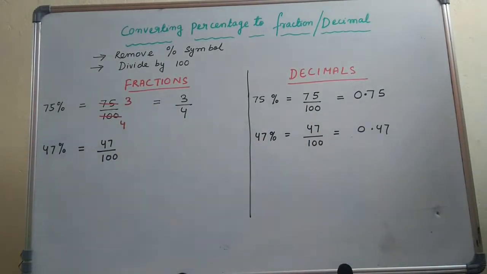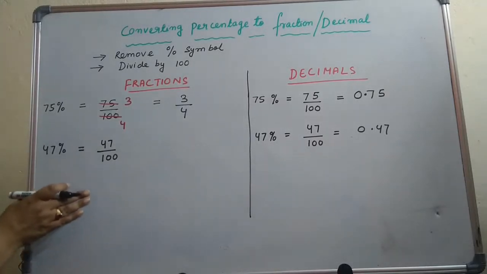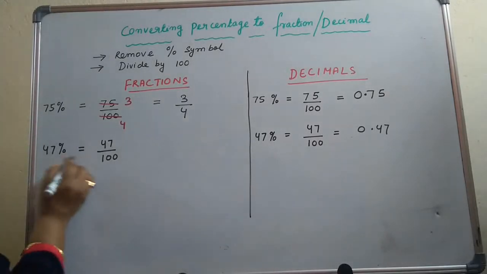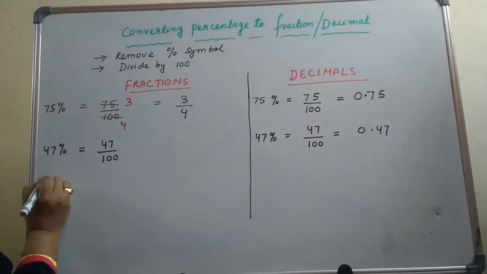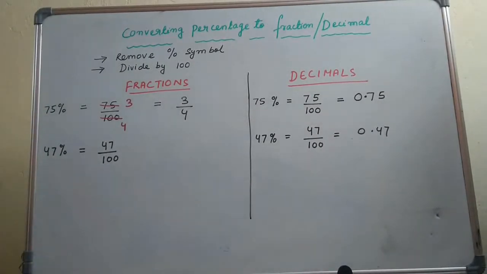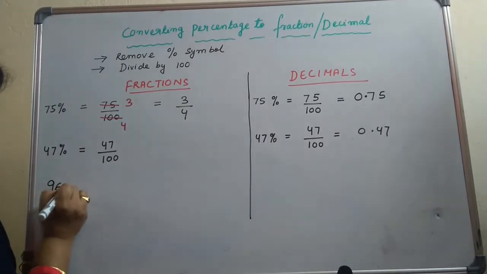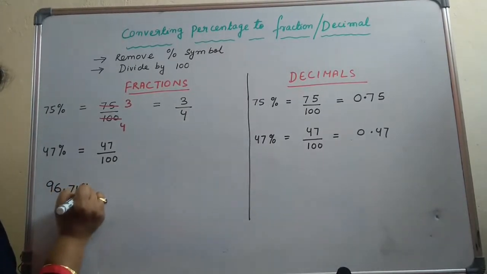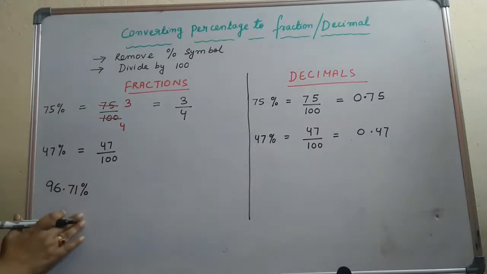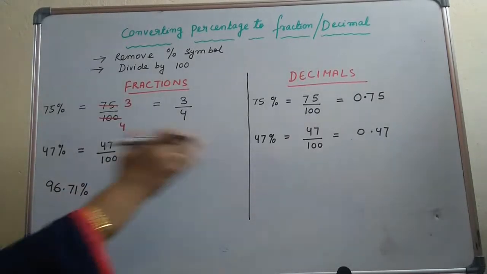Now let me take a decimal number as percentage. Suppose I have a question here in challenge. You have to convert 96.71% to decimal. Let me do that. 96.71%, I have to convert it into fraction and then decimal.